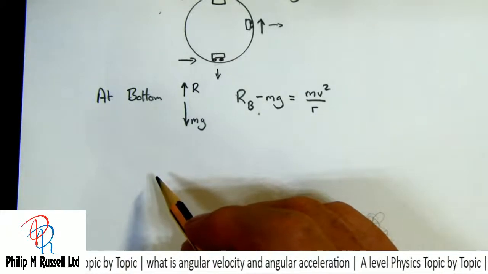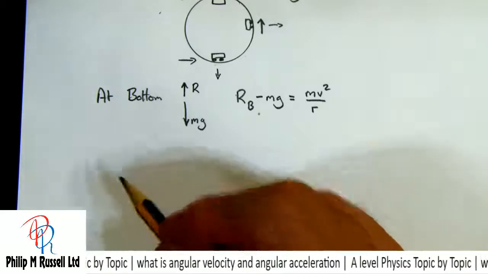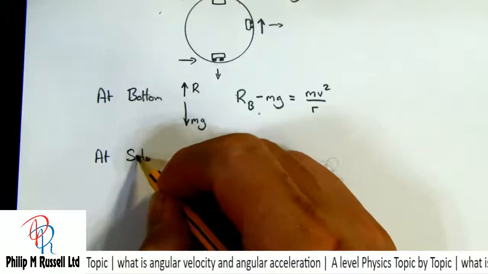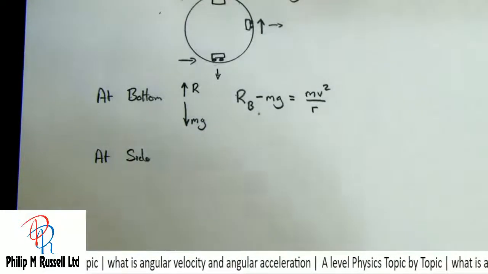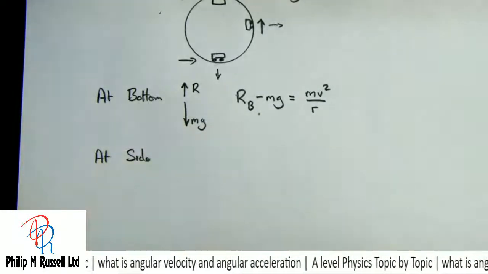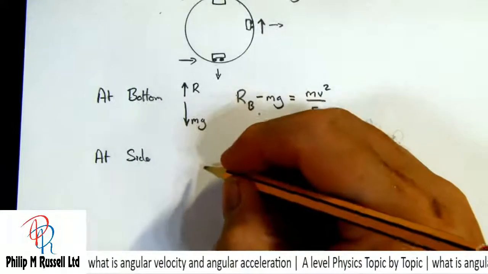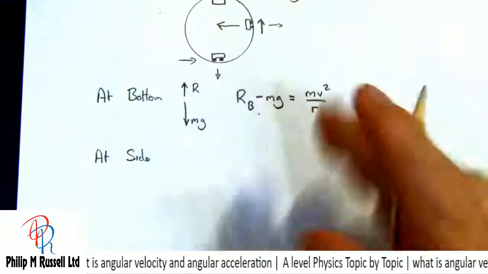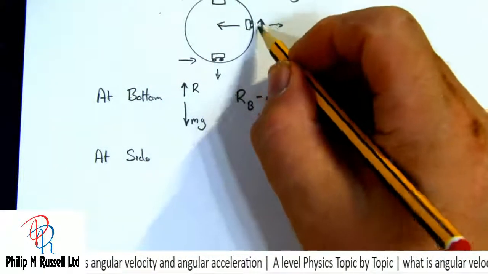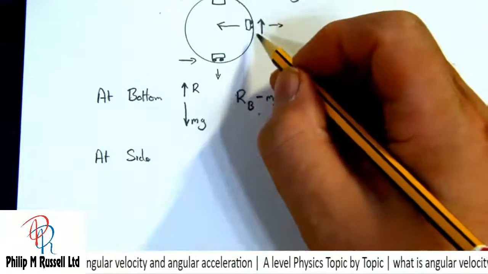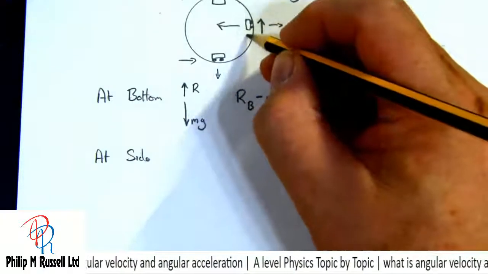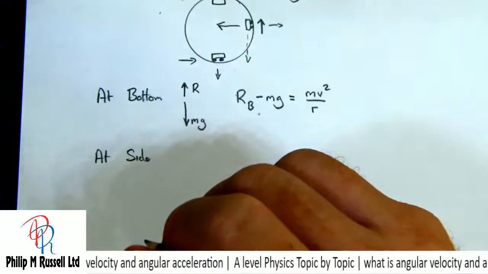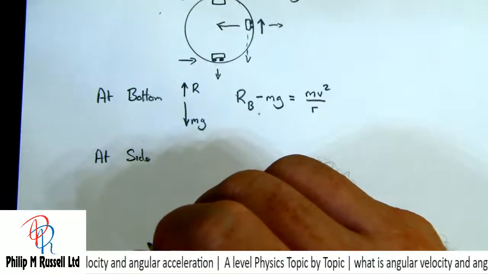Now, at the side, what's going on here at the side? Well, we've got a force coming in here, and we've got this mass and gravity going that way there, acting at 90 degrees to one another.